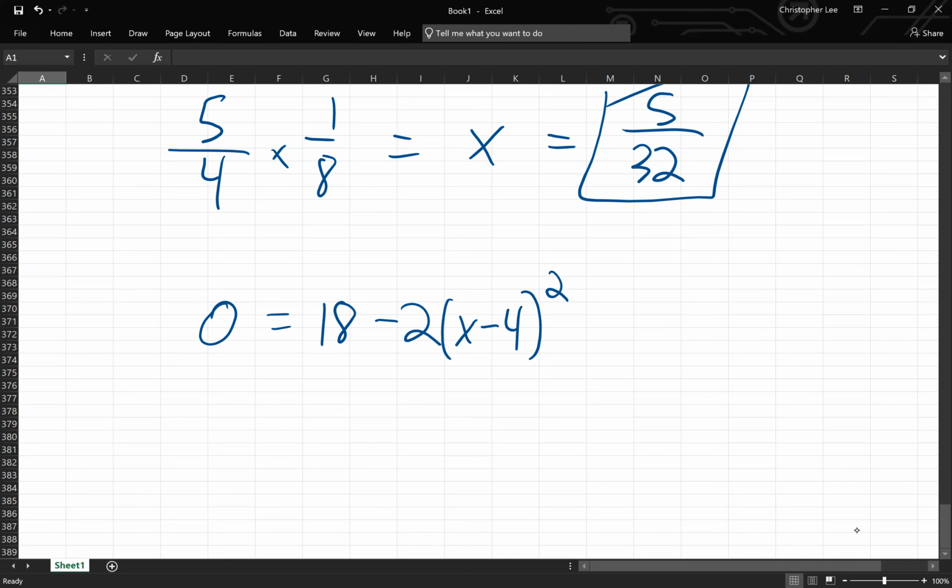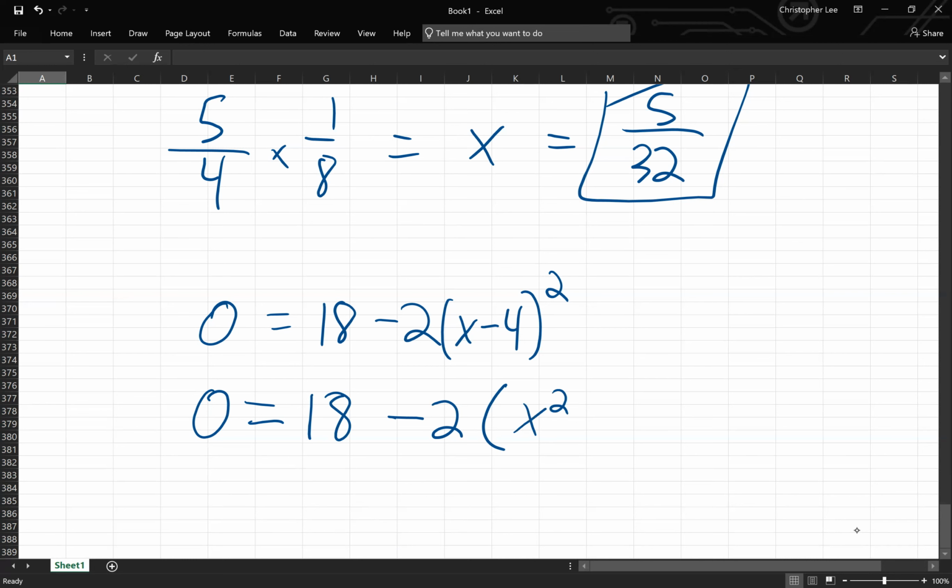That's it. All right. So how you would do this out, right? You have to multiply all of this out. So this should be 0 equals 18, I'm going to do minus 2, and in parentheses, x minus 4 squared. So what is that?